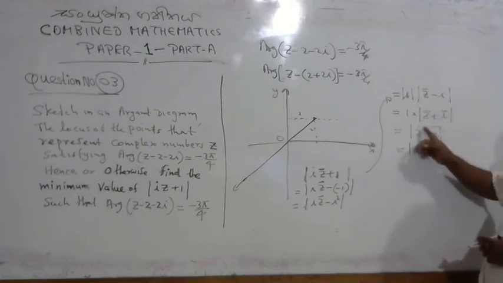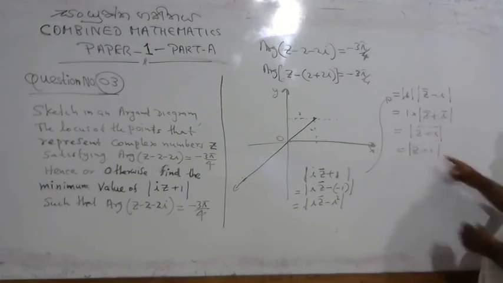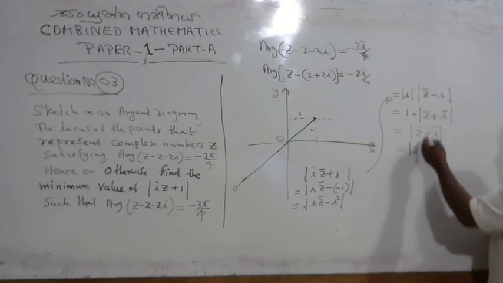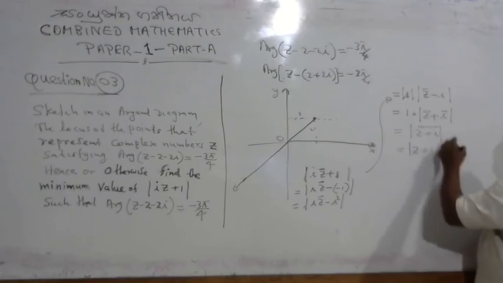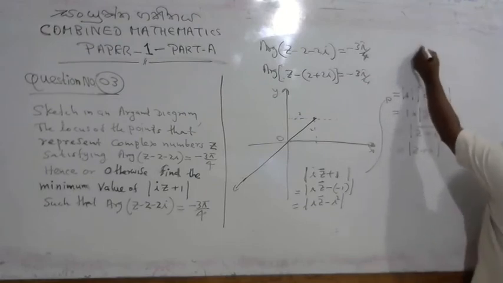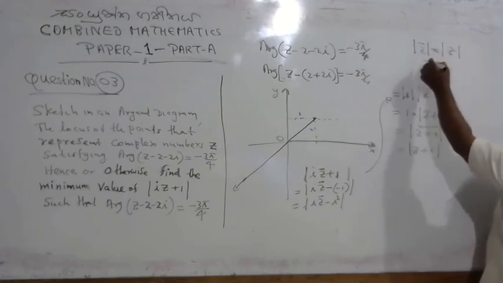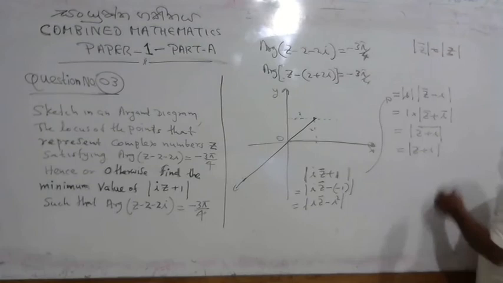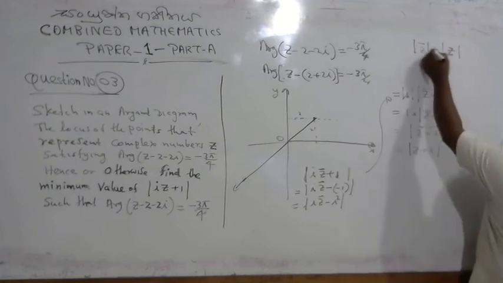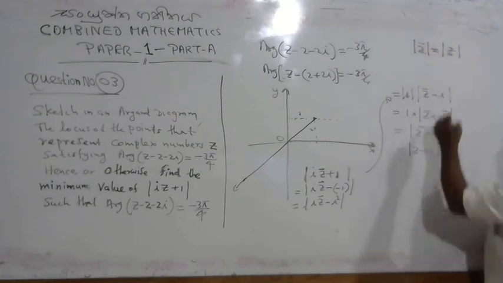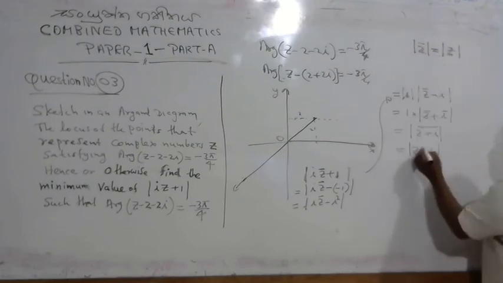Thereafter, you can remove this conjugate because you know that the modulus of the conjugate of z is equal to the modulus of z. Therefore, you can remove this conjugate sign.